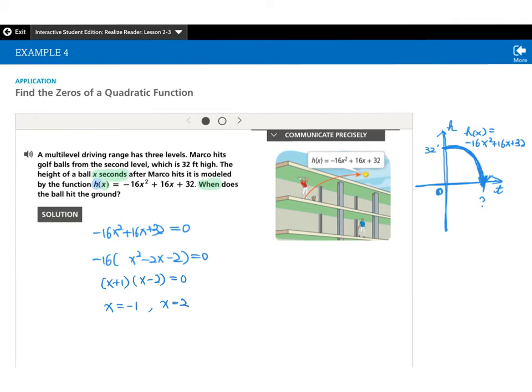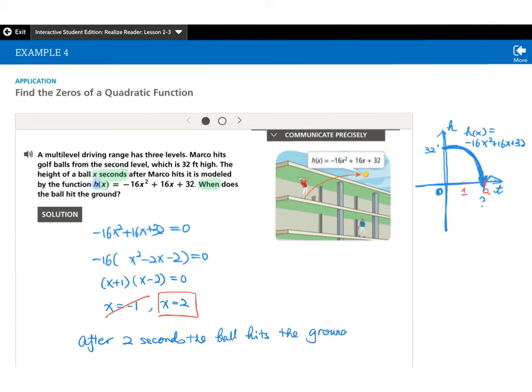So therefore, this answer has to be crossed out. The final answer is x equals 2. So you have to write it out that after 2 seconds, the golf ball hits the ground. So this would be 1 second. This would be 2 seconds. So write down after 2 seconds, the ball hits the ground.